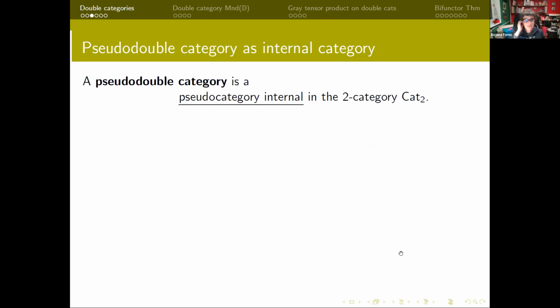And on the next slide, I speak about the weak case. It is called a pseudo-double category. Formally, it is a pseudo-category internal in the 2-category of categories. Shortly, I just say it is internal in Cat2, because saying the dimension of the ambient category tells me that I'm weakly internalizing and not strictly, so to say.